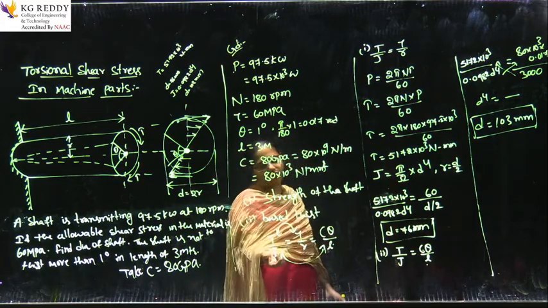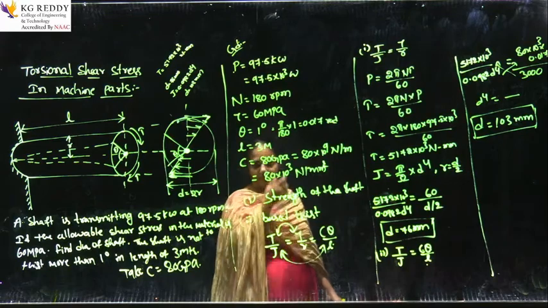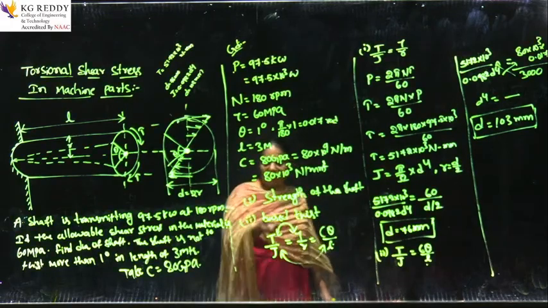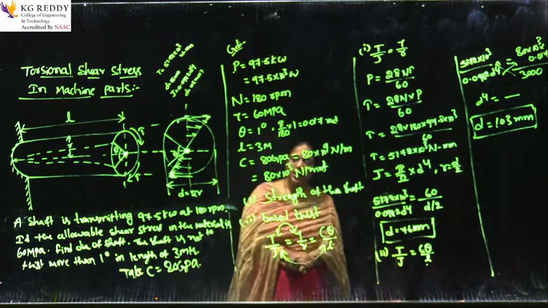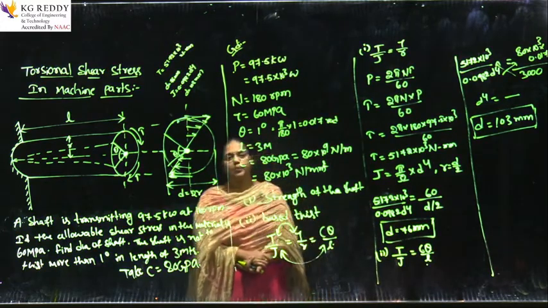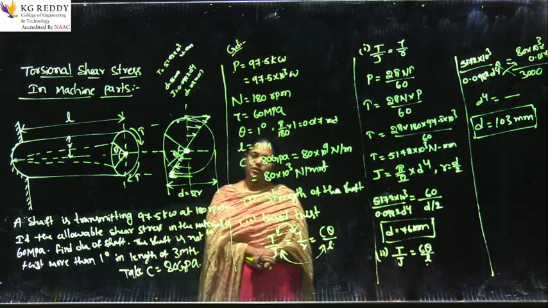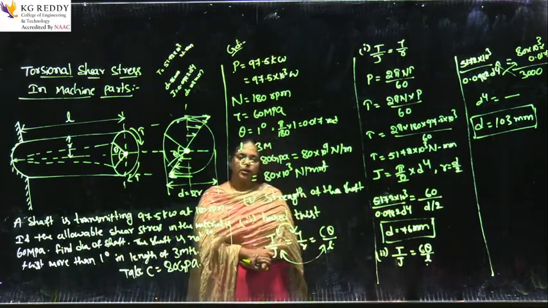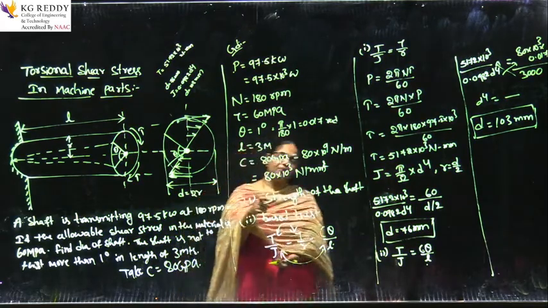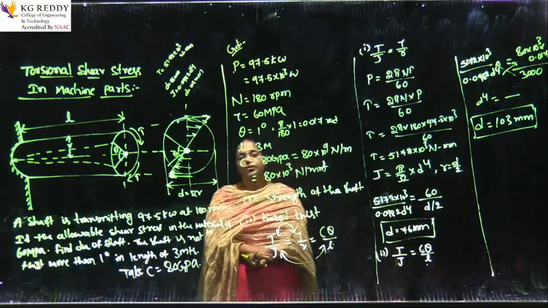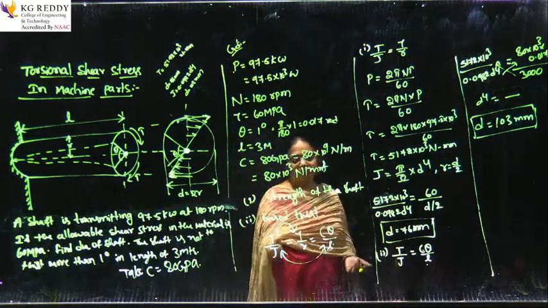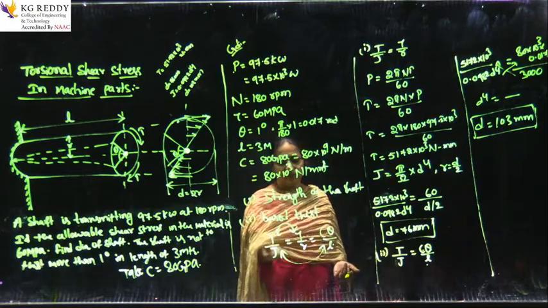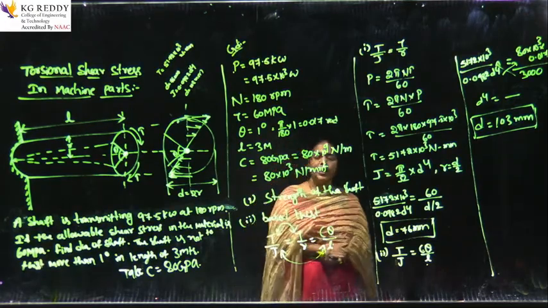Therefore, in terms of J equals pi by 32 into D power 4, it becomes pi by 32 into do power 4 minus di power 4. When we take D power 4 common, we get pi by 32 D power 4 into 1 minus k power 4; that is the J value we can place.